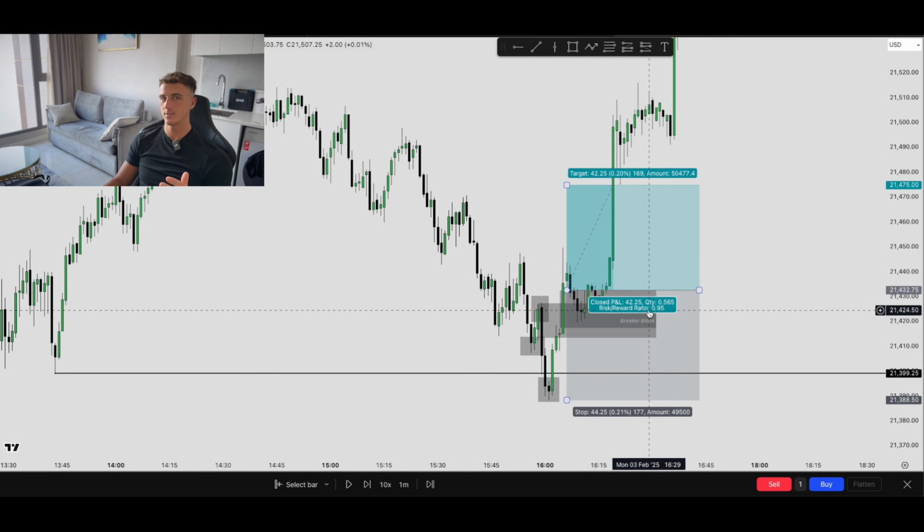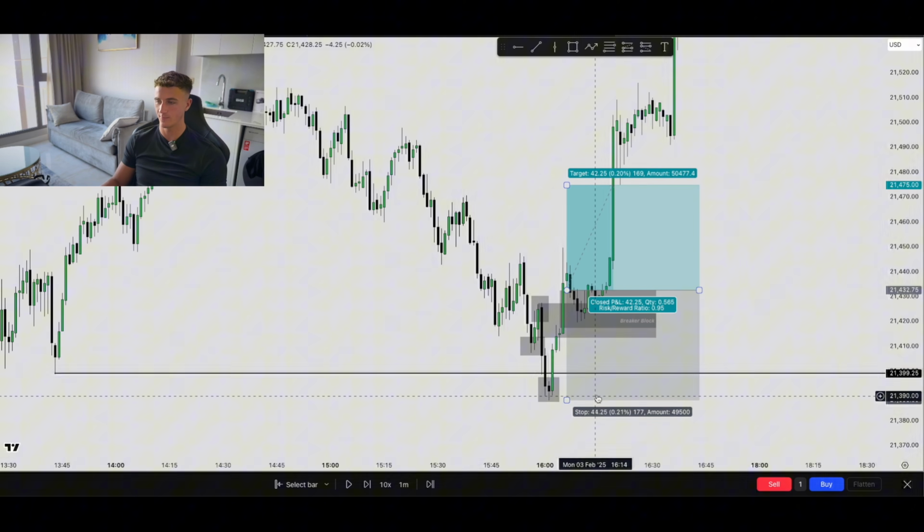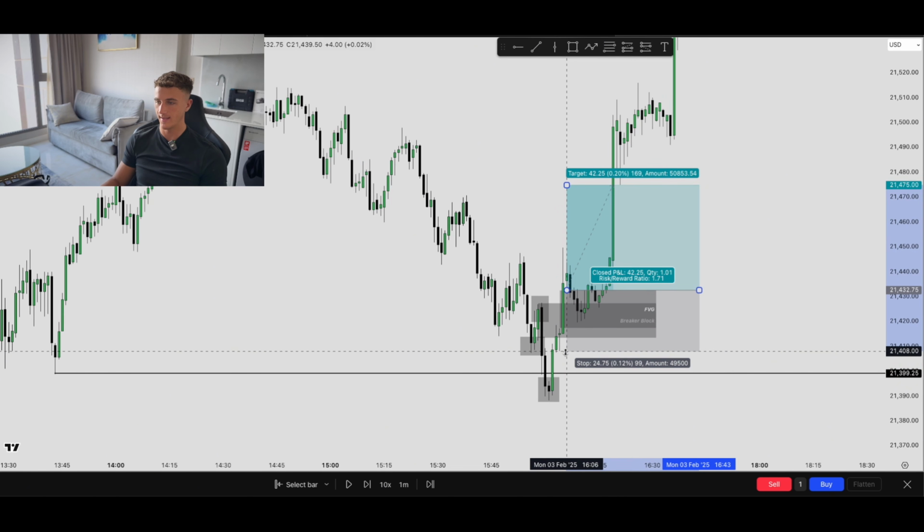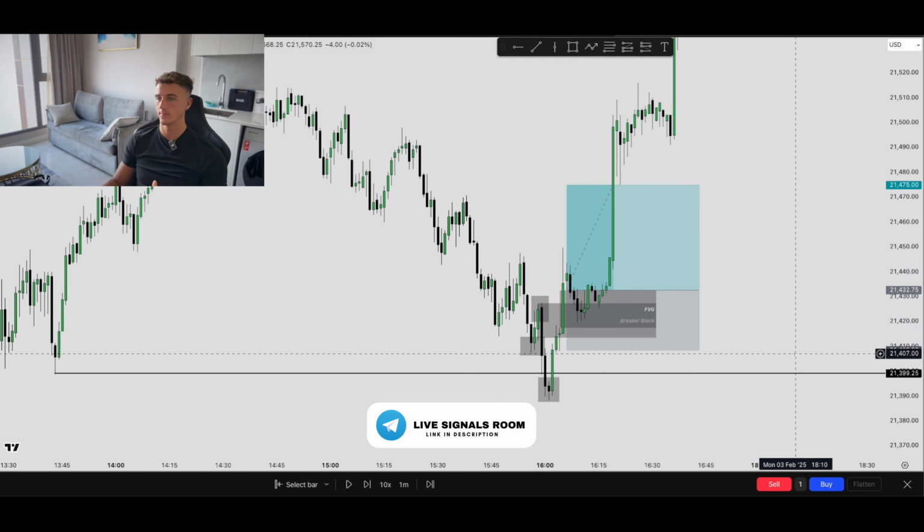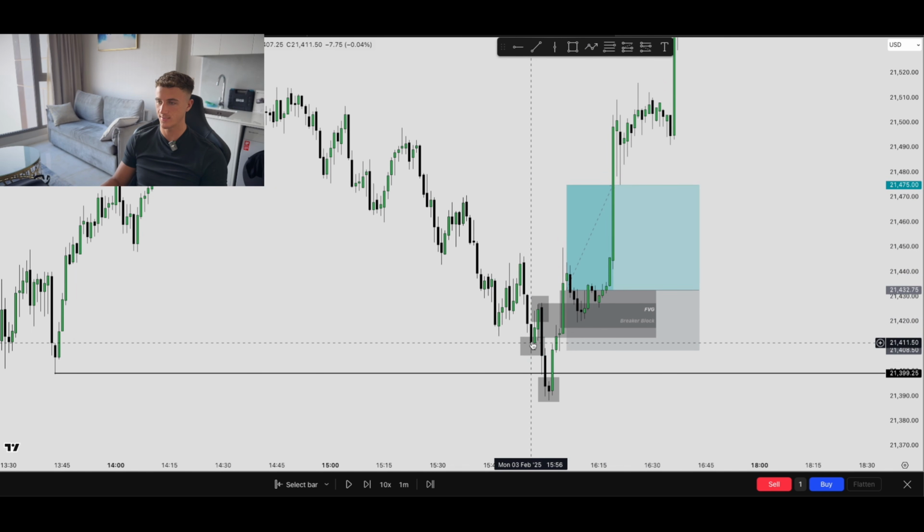Stop loss usually at the swing low. However, in this scenario, we're risking way too much, right? We're risking 44 handles. So in this case, you're going to move your stop at least below the breaker block, okay? Now, since this breaker block has two consecutive up close candles, I'm treating that as my whole breaker block, okay? So hence my stop loss is going below this candle's low, right?